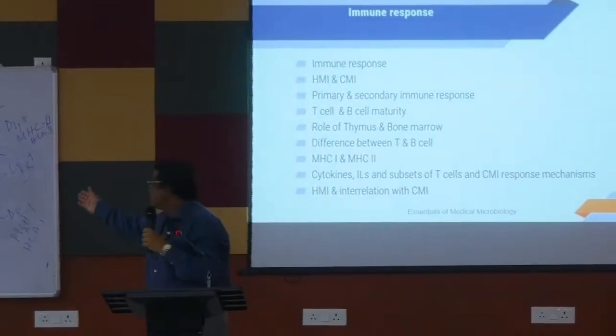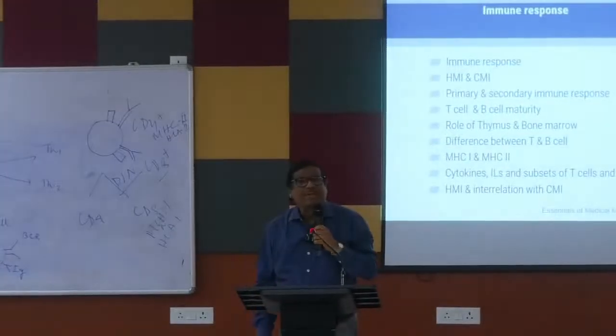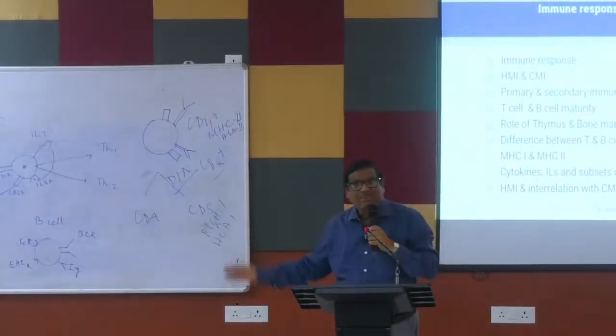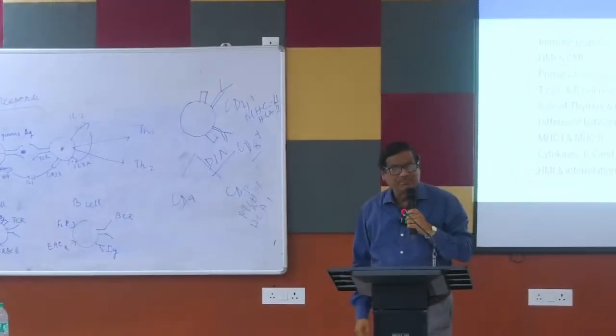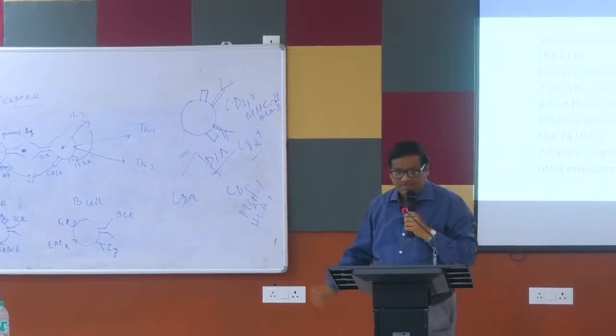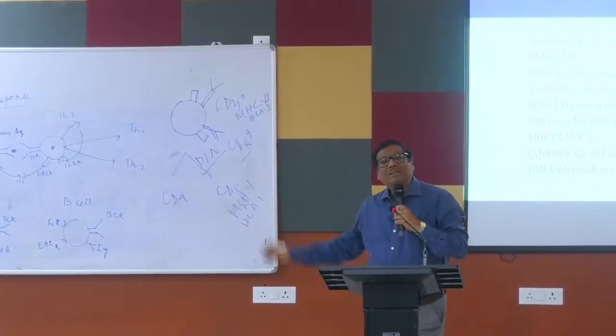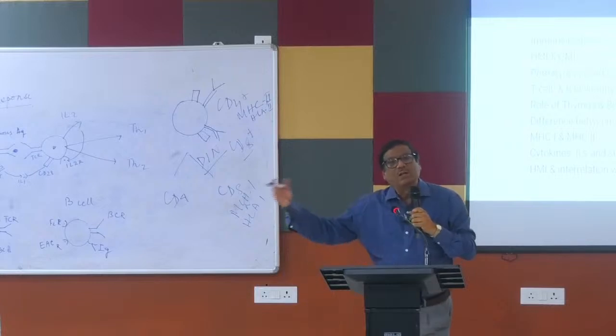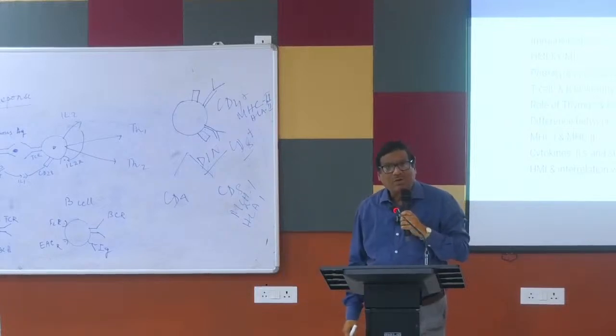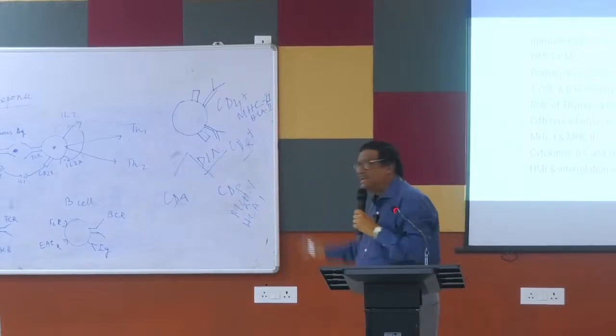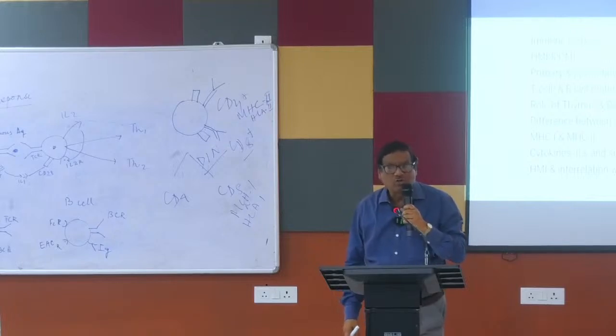So this is the process of T cell maturity that happens within the thymus. These T cells are further differentiated into different clones. But for us, the CD8 and CD4 is a very important short note.